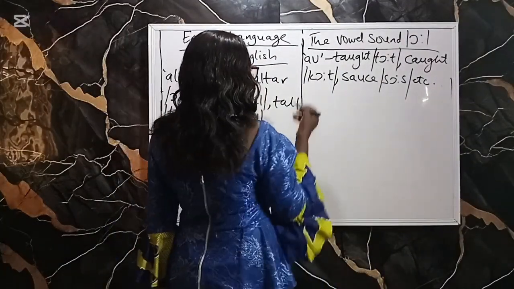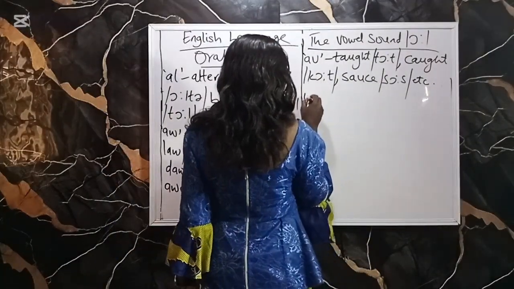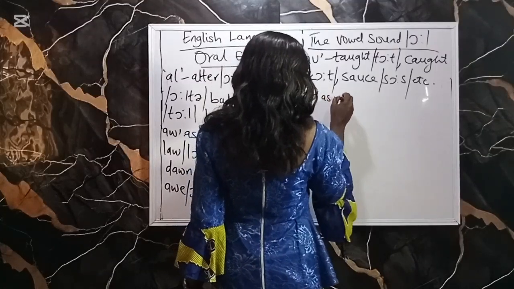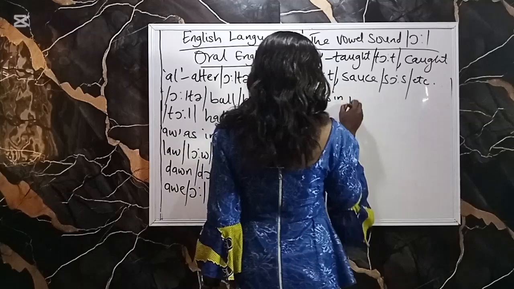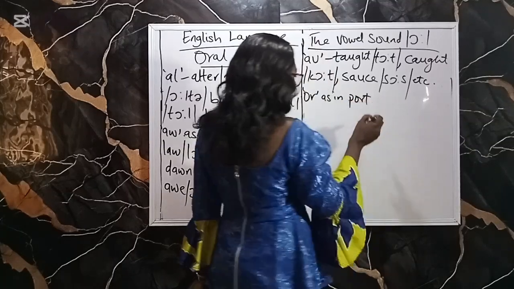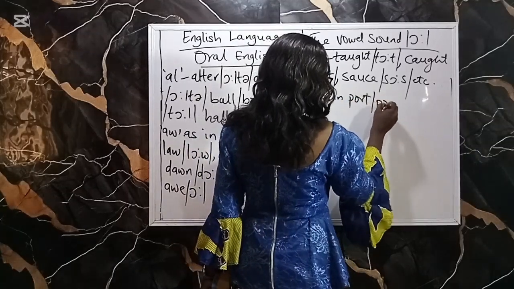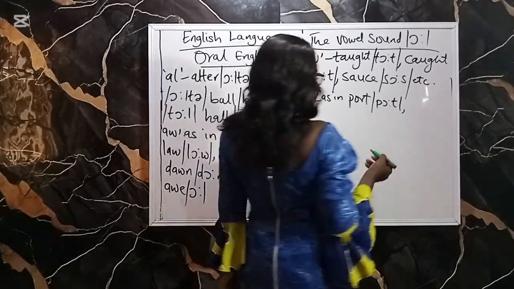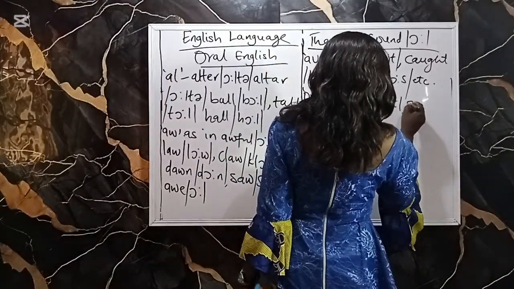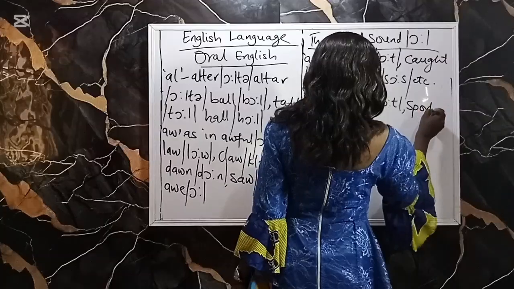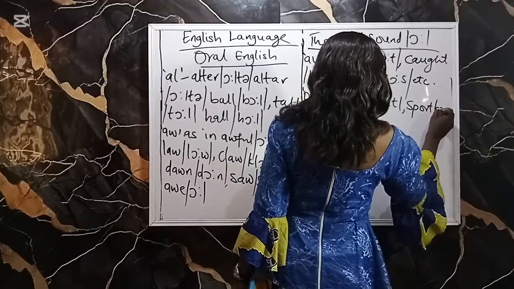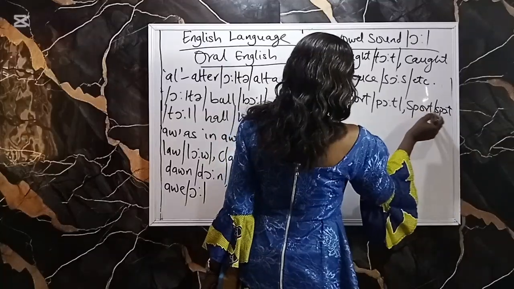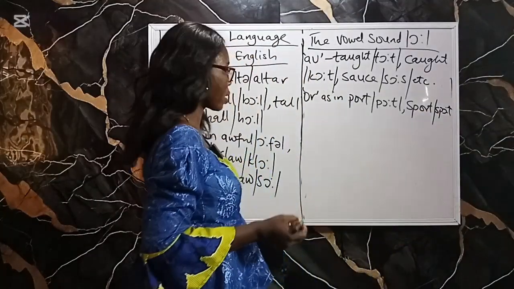Then we also have sound like OR. As in, we have pots. We have sports. Remember, where you see OR, you put the sound. Okay?